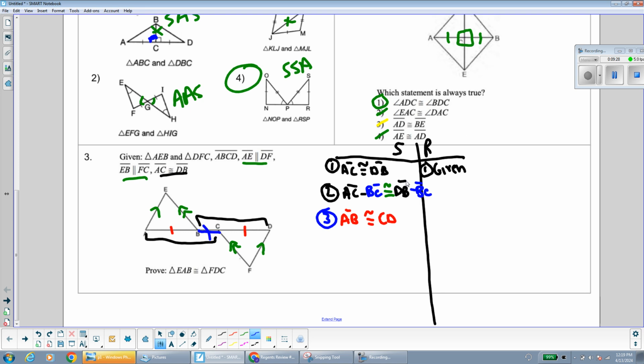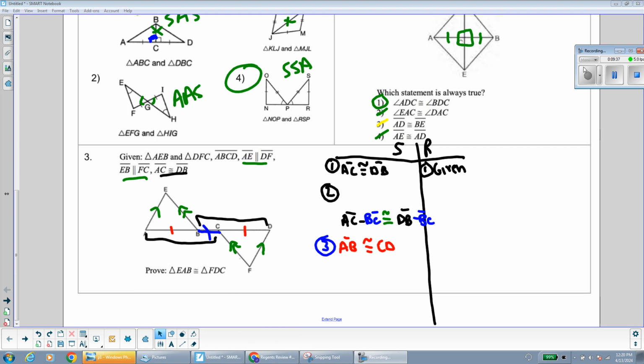So I'm going to pause the video so I can move these down, because I'm going to add in a step in between 1 and 2 saying BC is congruent to itself. Okay. So I'm going to add in that BC is congruent to itself, and that is by reflexive property.